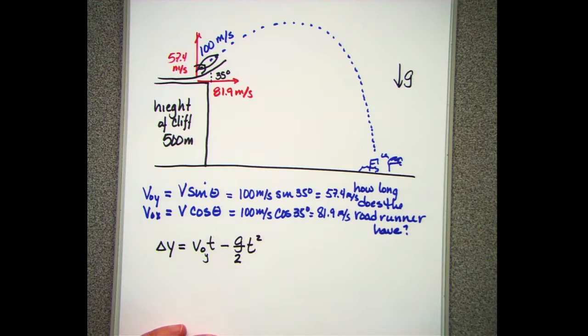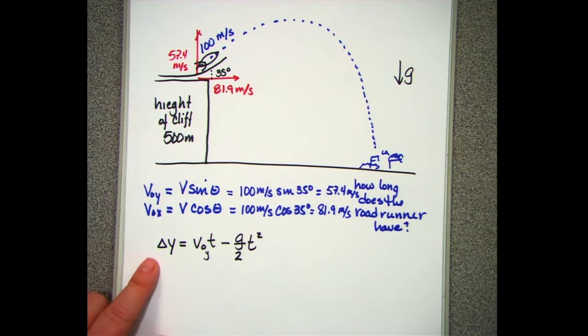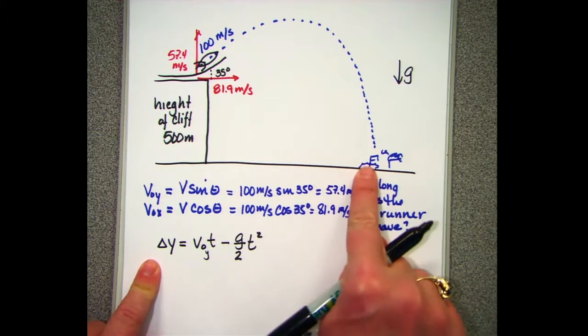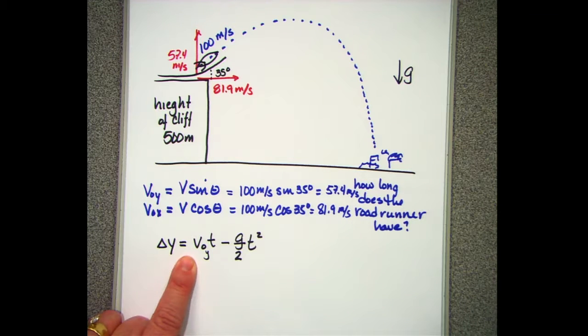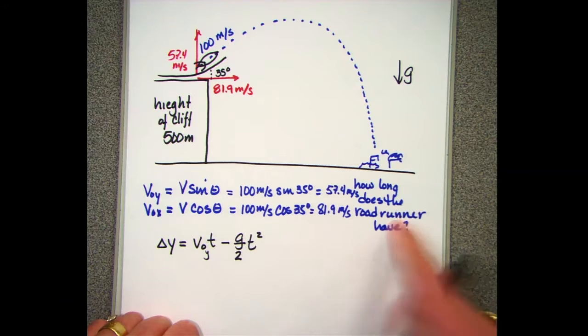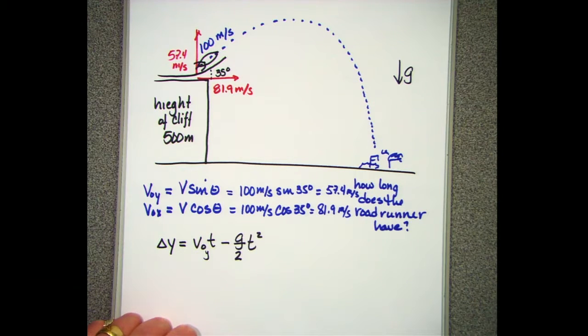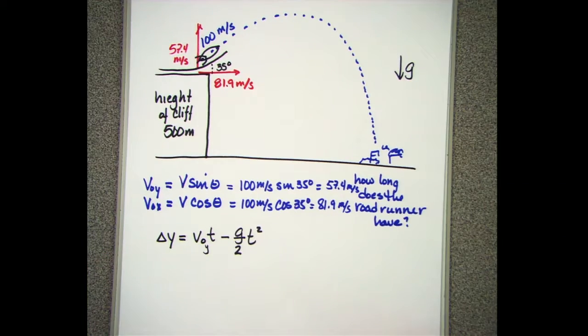So there's my minus 1/2 g t squared. Well, we know what the change in y is, right? Because we want to end up 500 meters below where we started. I know what my initial velocity is. I know what gravity is. The only thing I don't know is the time. And we want to know how long the Roadrunner has to stand there.